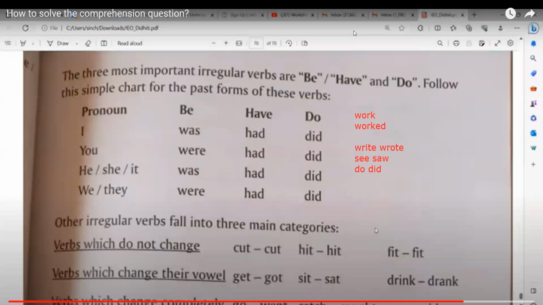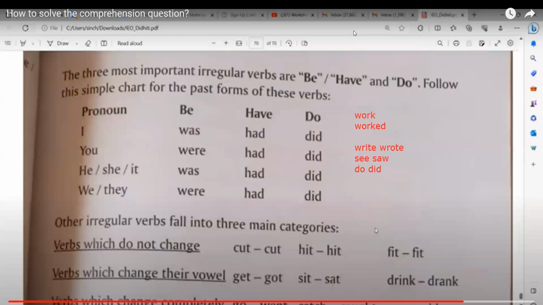Is it clear to you, Amoto? Yes, ma'am. Abhishekta, is it clear to you? Yes, ma'am. Shivam and Udit, is it clear to you all? Ma'am, one more example. One more example. Yes, ma'am.